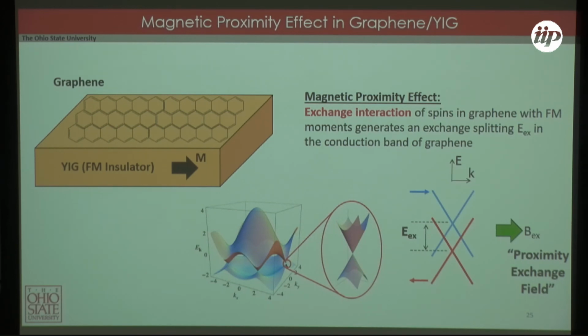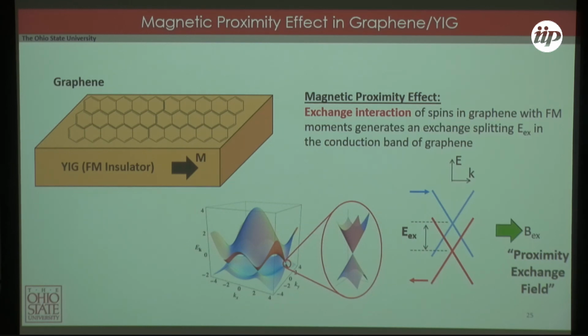Oh, because the spin of the electron has overlap with the spin of the magnetic moment in the YIG, so like the iron typically. And then there'll be an S dot S, like the spin of the electron dot spin of the iron, with some constant in front, like J, some exchange constant, right?